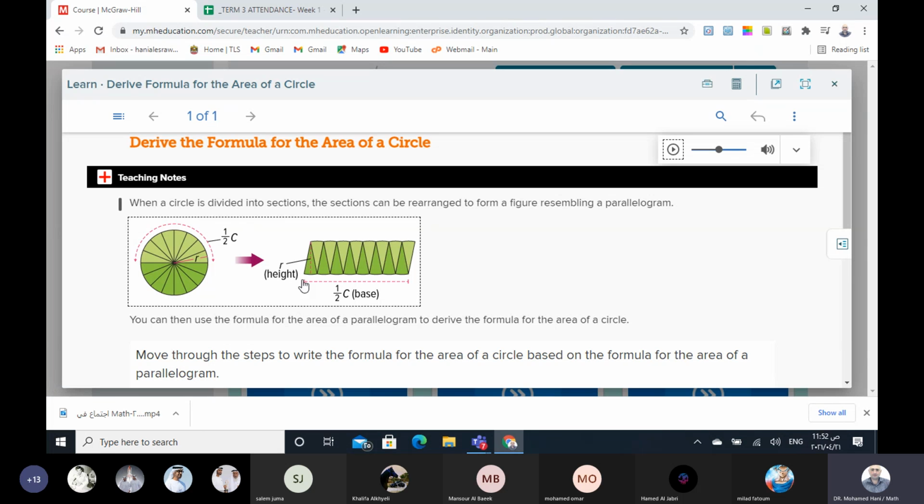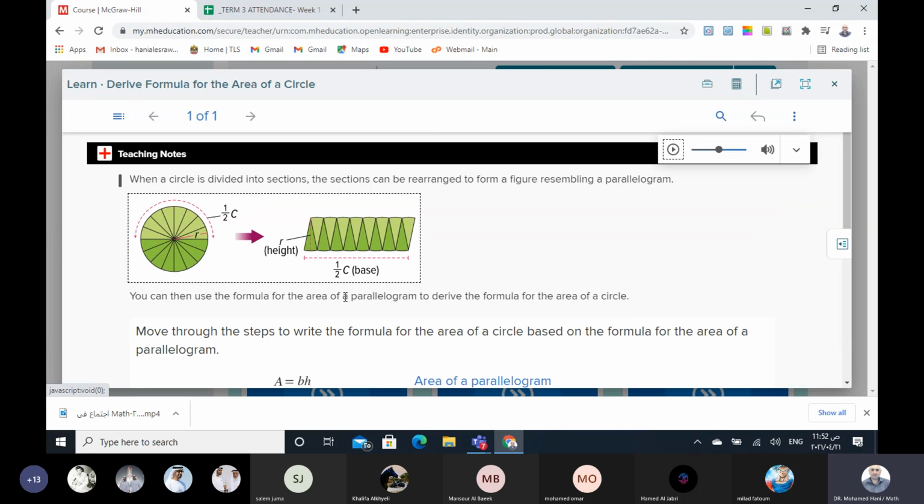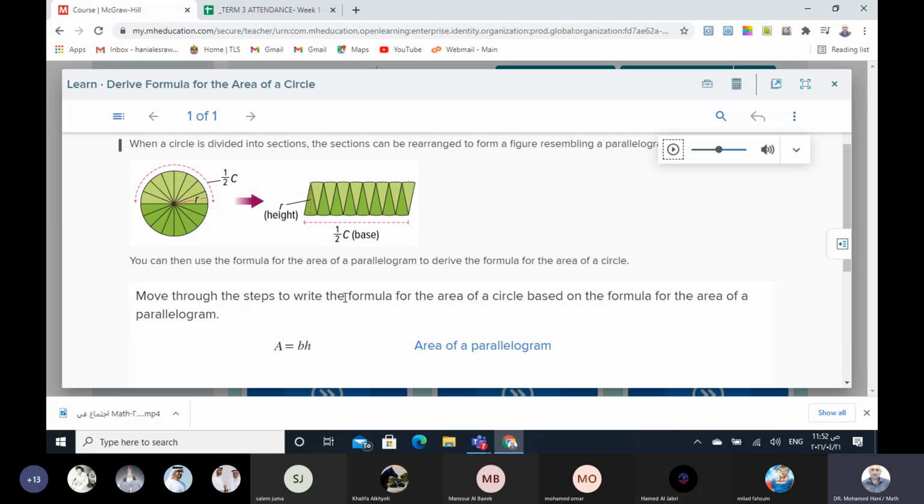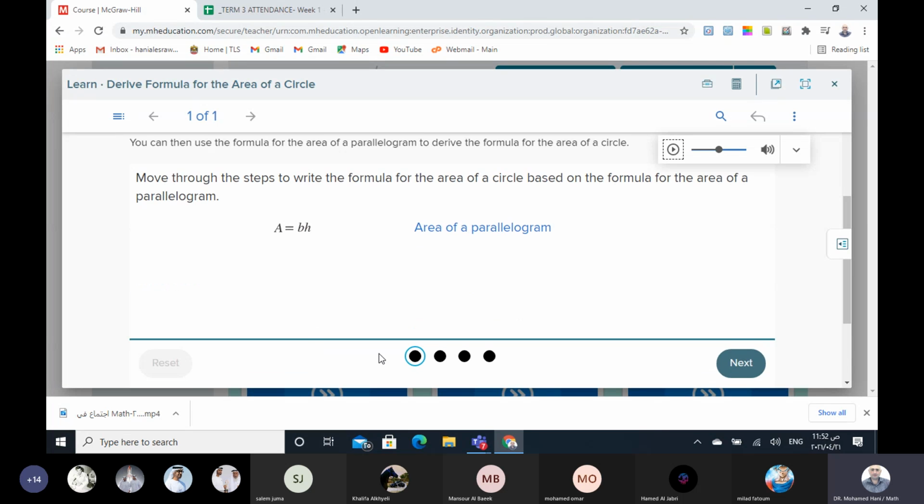So now we have the height representing the radius, and the base representing half of the circumference of the circle. As you remember, the area of the parallelogram equals base times height. Now substitution.